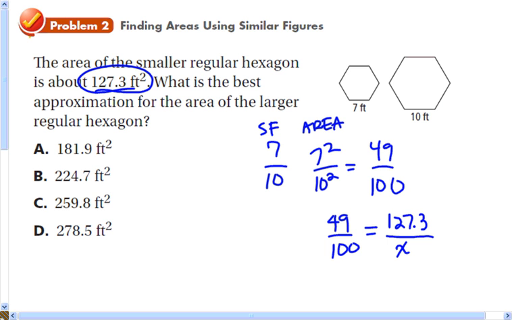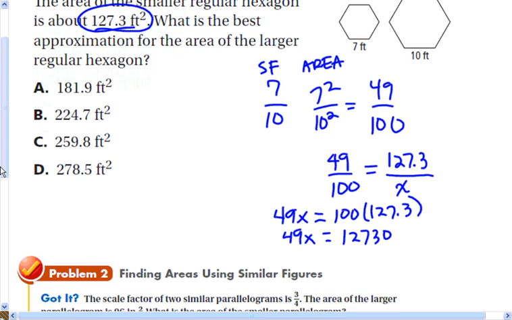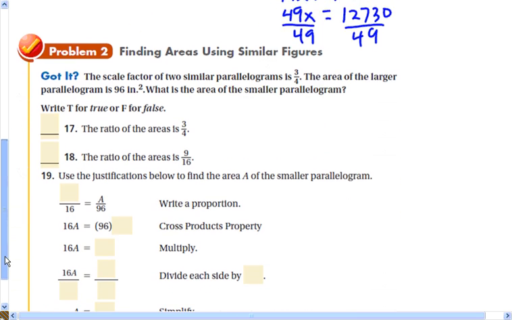So now I have 49 times x is equal to 100 times 127.3, and simplifying that, that's equal to 12,730. Then we will just divide both sides by 49, and we get about 259.8 square feet. All right, I'm going to let you try that.